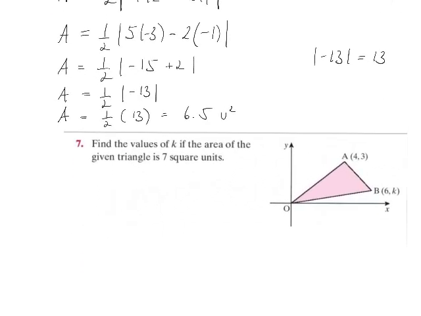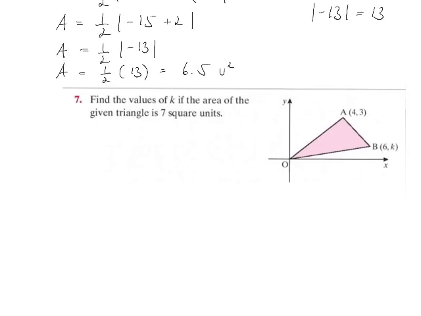So what do we do if we get a question like this? We are given the area already, and we have to find one of the variables. The triangle is at 0, 0, which is good, so we don't have to shift it.